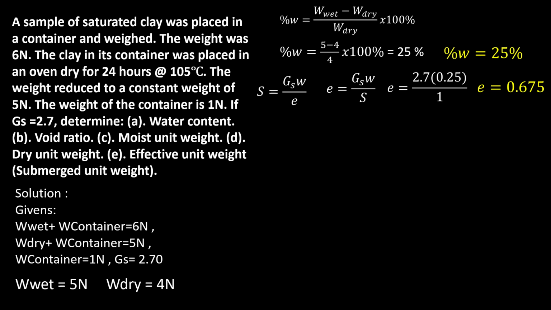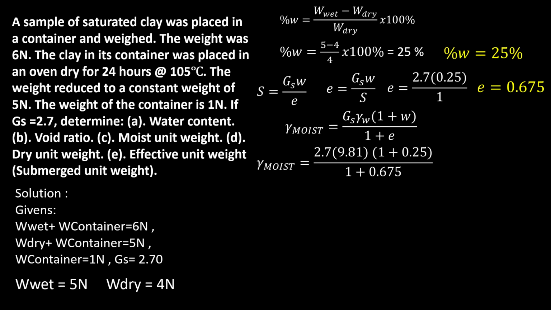We can now proceed to the third question in our problem, that is to compute the moist unit weight. Our formula for the moist unit weight is equal to specific gravity times unit weight of water times 1 plus moisture content all over 1 plus void ratio.